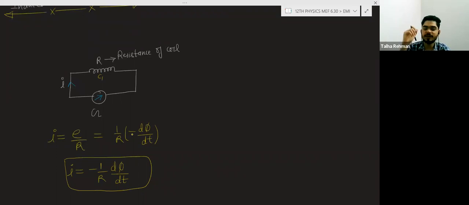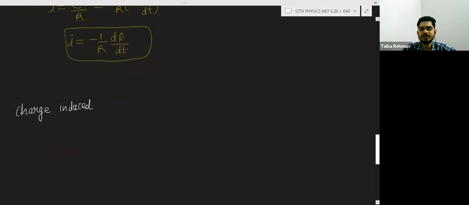So what is current? Current is charge flowing per unit time. Now if I want to calculate the charge flowing in this coil, the charge induced you will say, because current is induced. So for calculating that charge, we know that the current is given by dq by dt, charge divided by time, instantaneous current.